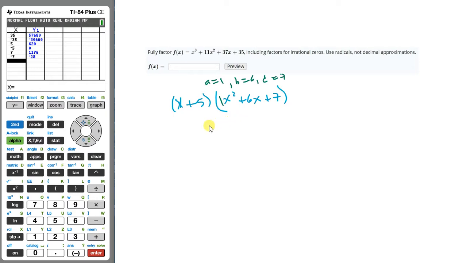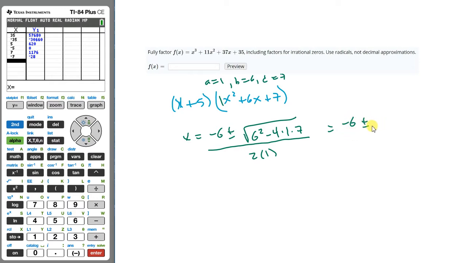Okay, so my x is going to equal the negative of the b coefficient plus or minus the square root of b squared minus 4 times the a times the c, whole thing divided by 2 times the a. So that's going to be negative 6 plus or minus, let's see, 36 take away 28 is 8, so root 8 all over 2.